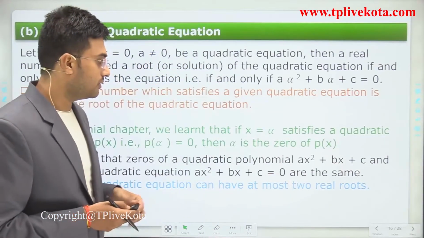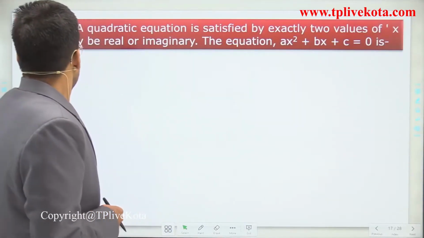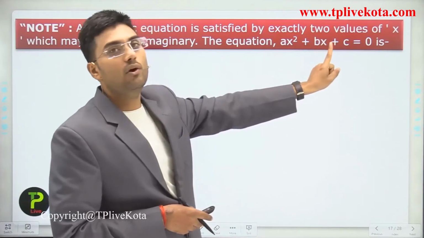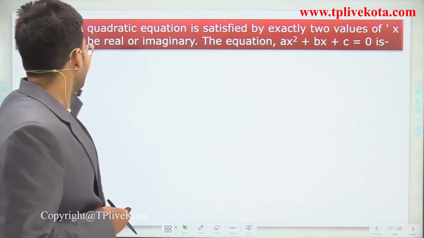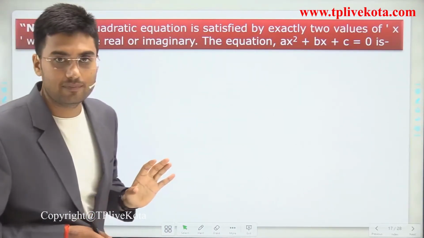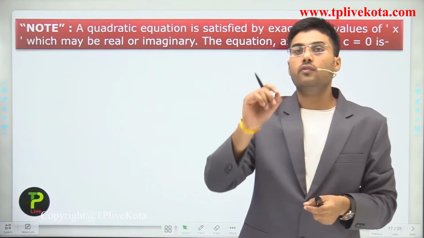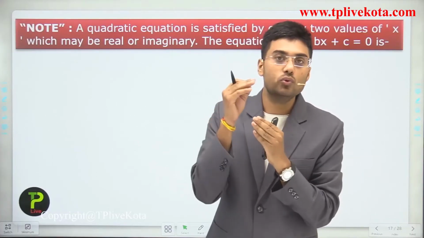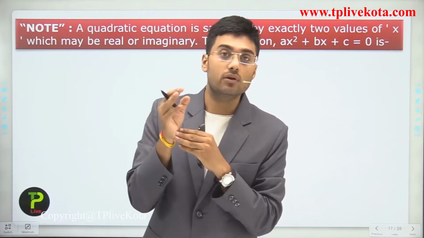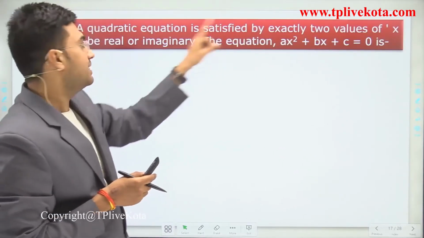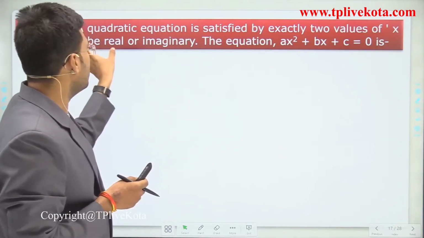Okay, let's see about this. A quadratic equation is satisfied by exactly two values of x which may be real or imaginary. If you talk about the real roots, a quadratic equation has at most two real roots, or we can say exactly two values of x, either real or imaginary.